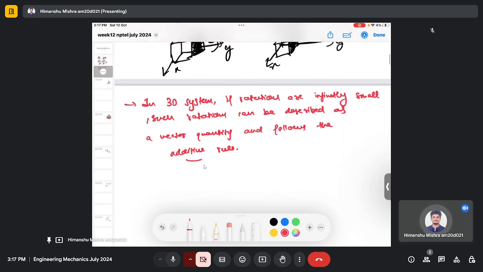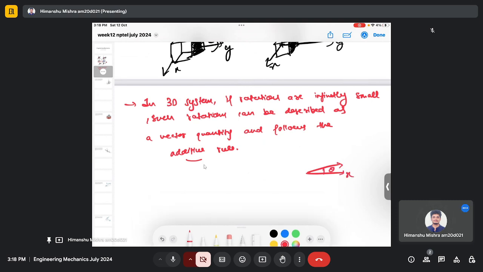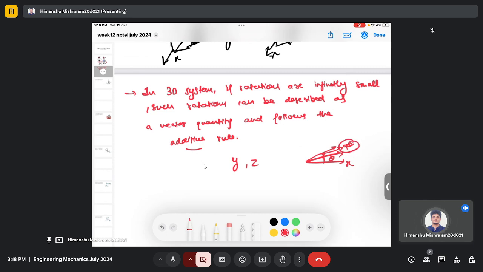So if you define the rotation of any system as an infinitely small quantity, for example, let's say this is my theta, which I am measuring from a certain axis x. Now if I define the rotation of a very small quantity by d theta, and I define this small rotation with respect to y and with respect to z, then I can actually define d theta as a vector.